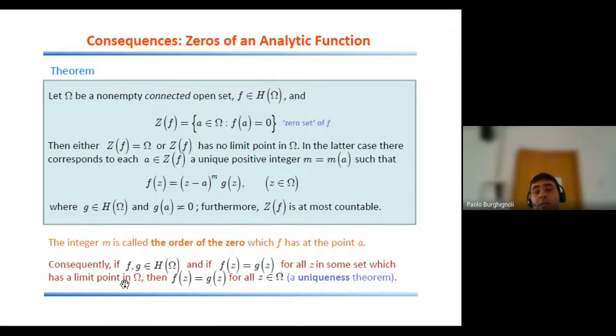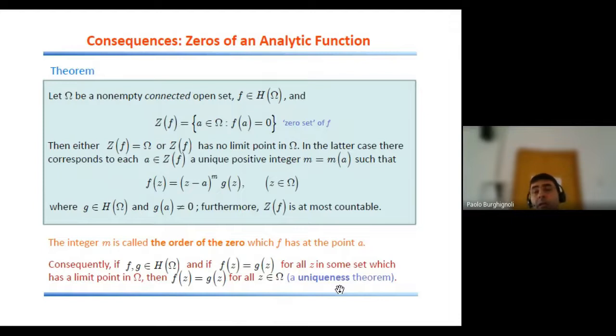However, if the zero set has a limit point in omega, then we must be in the first of the two possibilities, that is, the zero set coincides with the entire omega. So this means that the functions f and g are actually equal everywhere. So if two analytic functions coincide in a set that has a limit point in omega, they are actually equal. So you have a uniqueness theorem.